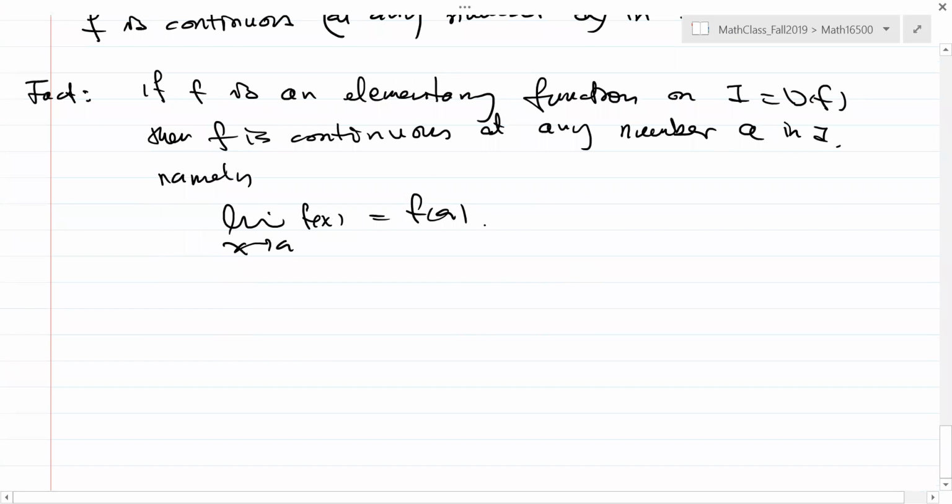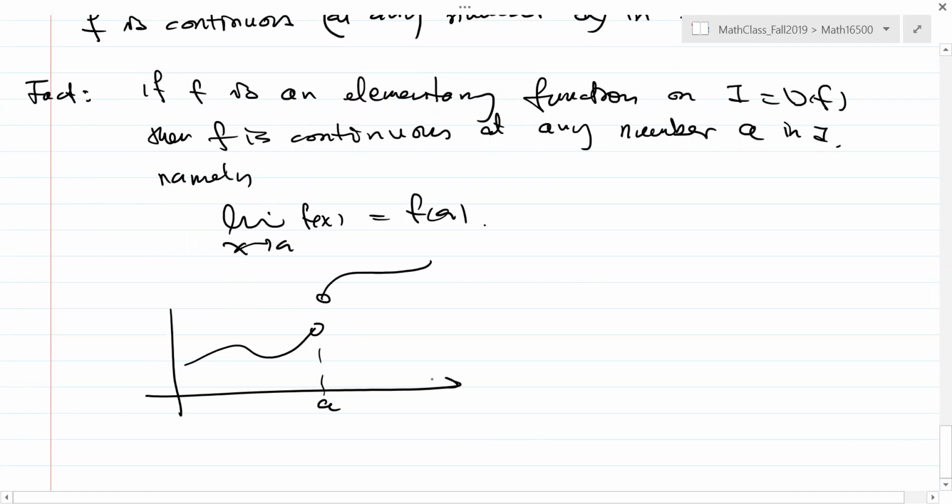Now, if you look at a picture like this, this is a graph of y equals f(x). But a is not in the interval.